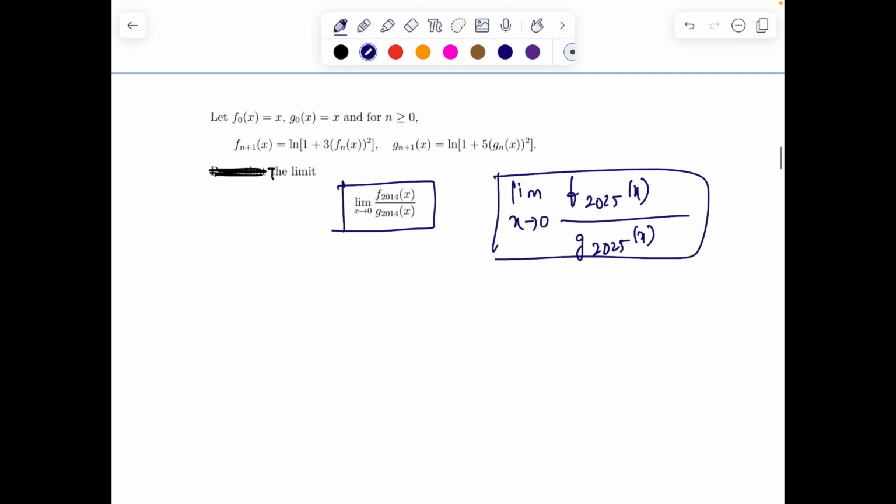Now how to go about this? Clearly let's start with the smaller case. So let's keep n equals 1.